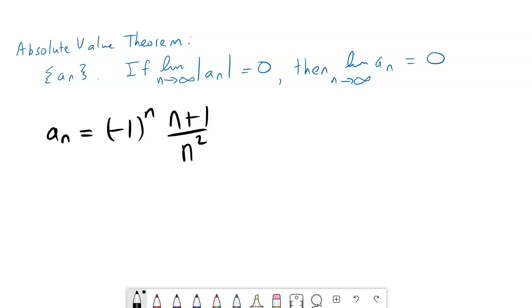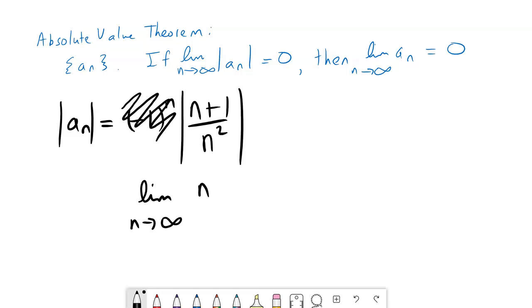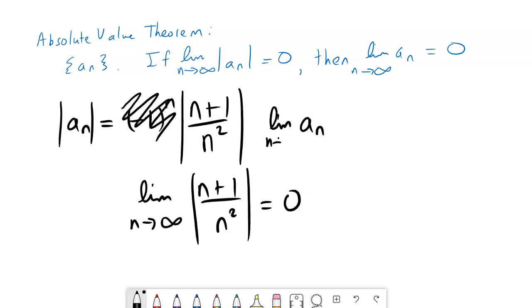If we take the absolute value, this thing doesn't matter anymore. We're just taking the absolute value of this, and we take the limit as n approaches infinity of this now. This approaches 0. That means we can say for sure that a of n, as you take the limit, goes to 0 as well.